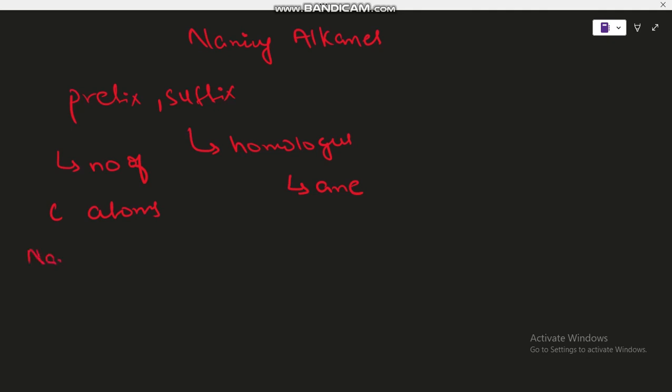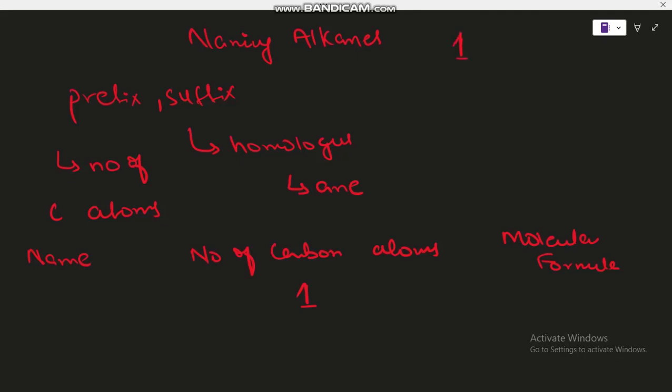If I draw a table here, you've got the name, the number of carbon atoms, and the molecular formula. Let's take the number of carbon atoms as 1, and now we can derive the name out of this.